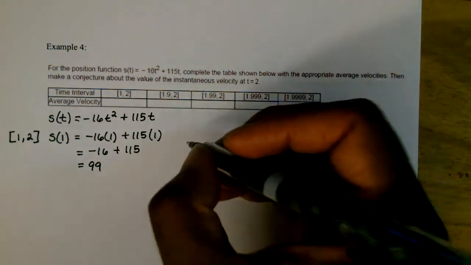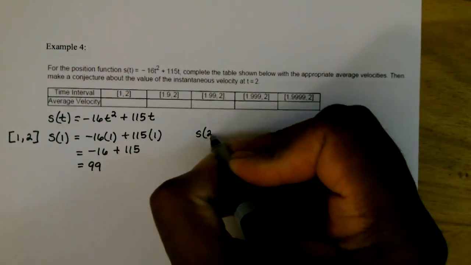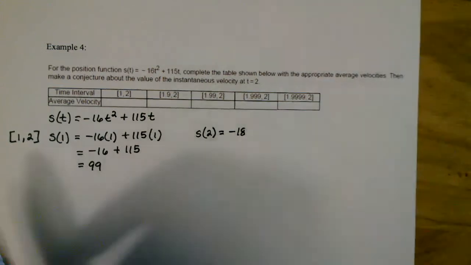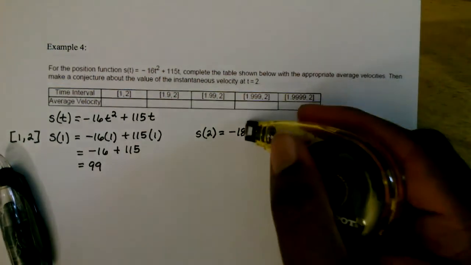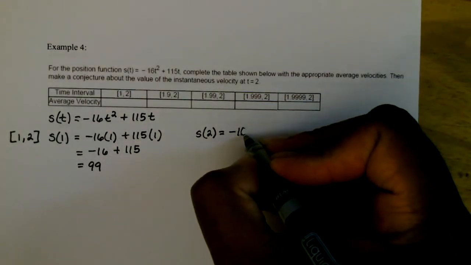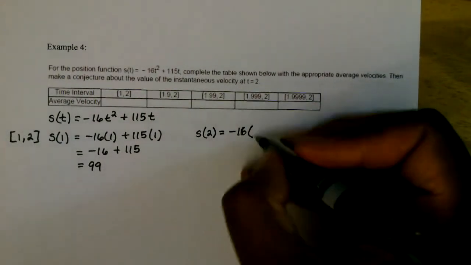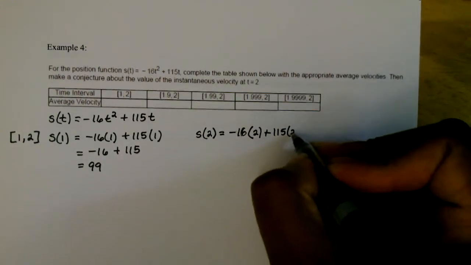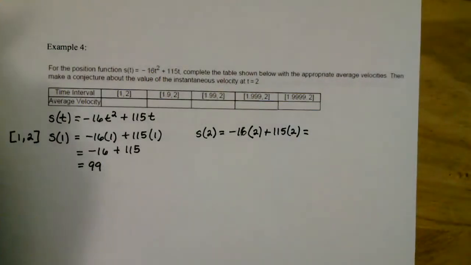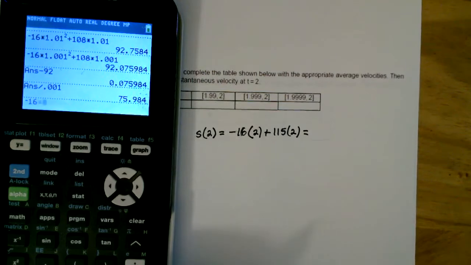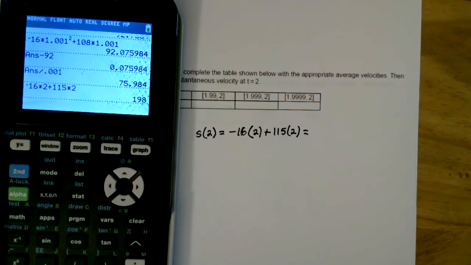Okay, now for s of 2. All right, we replace t with 2. So this will be negative 16 times t, which is 2, plus 115 times 2. And I'm just going to go ahead and use the calculator. This calculator does do order of operations, by the way.